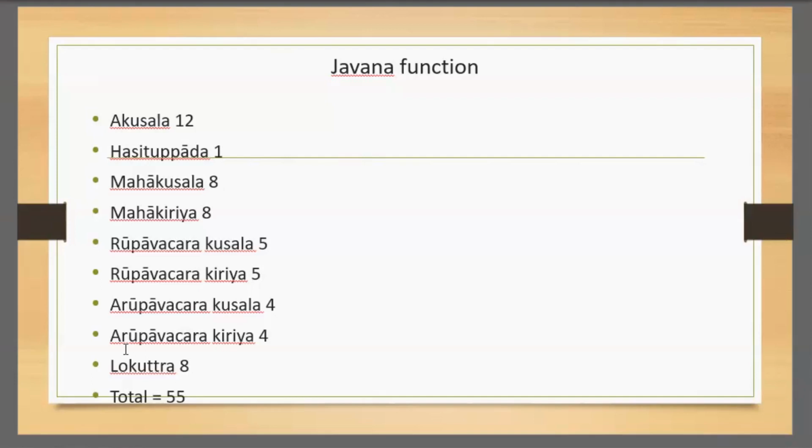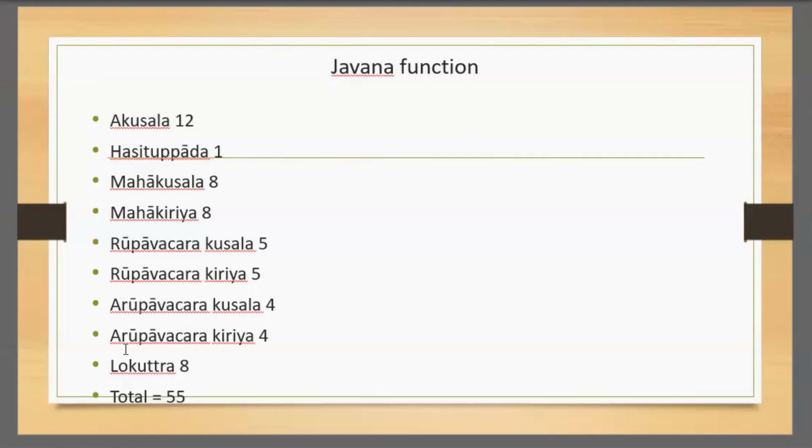Akusala 12, Hasituppada 1, that Chitta arises in Arahants when they are smiling. Then Mahakusala 8, Mahakiriya 8, Rupavachara Kusala 5, Rupavachara Kiriya 5, Arupavachara Kusala 4, Arupavachara Kiriya 4, Lokuttara 8.